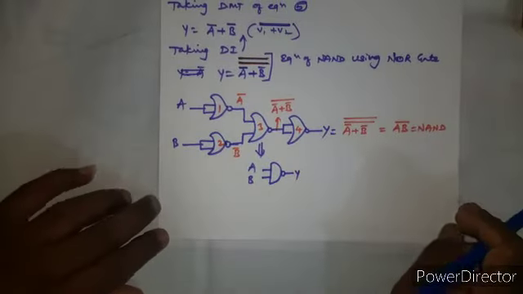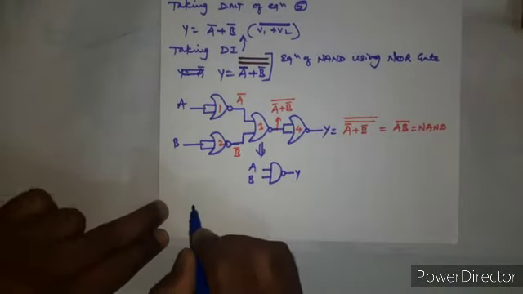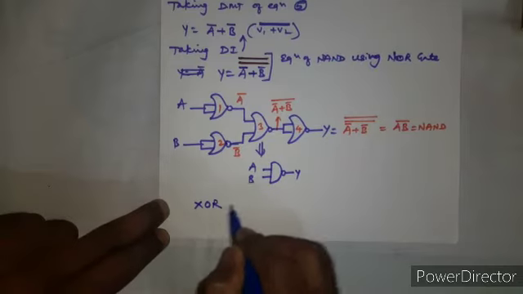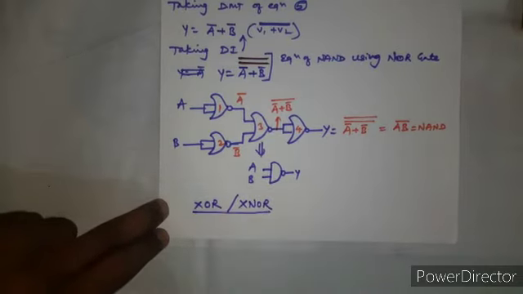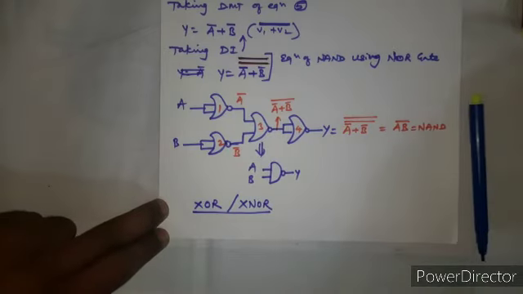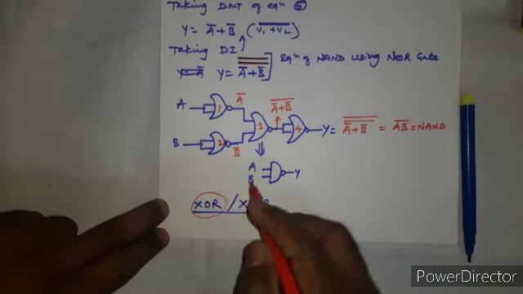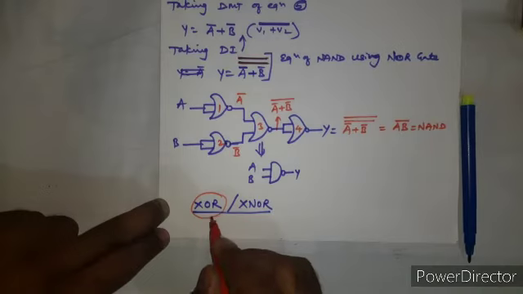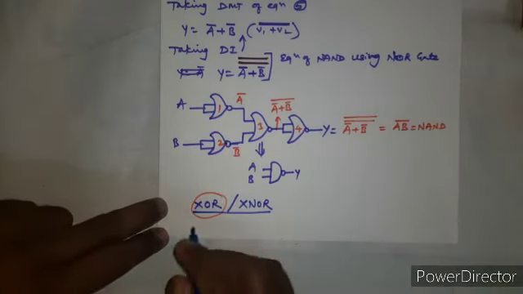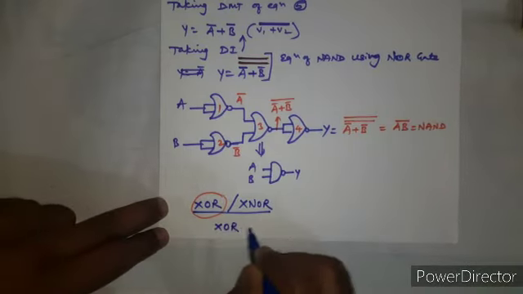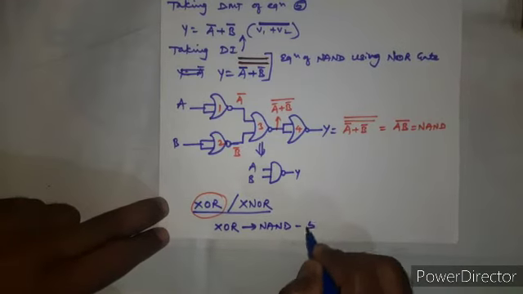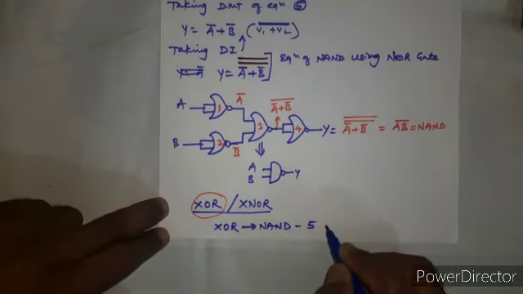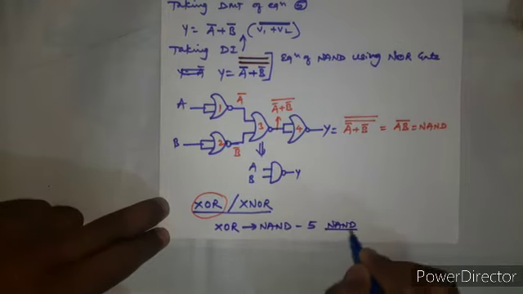Now your homework is you can try for XOR gate and XNOR gate. In the last lecture I said that to implement XNOR gate using NAND gate, minimum 5 NAND gates are required.